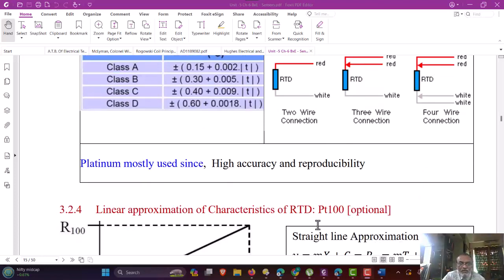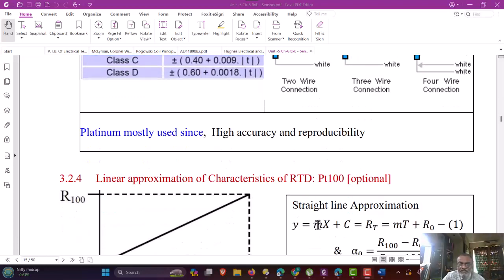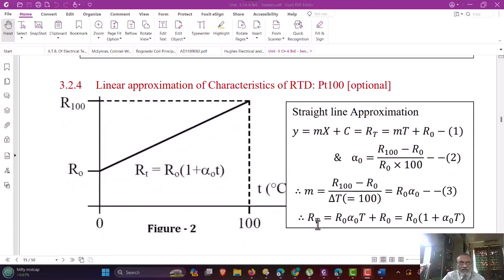Platinum is most commonly used material because it is having very high accuracy and reproducibility. And mostly the platinum resistance thermometers are linear. You can see the graph of PT100, whatever shown earlier also.